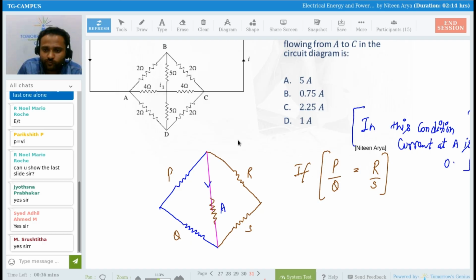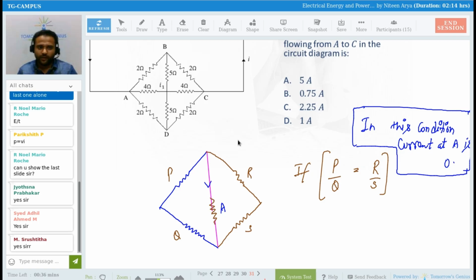We have a proper proof, but you're going to see that in the next week Tuesday class. So this is your Wheatstone bridge circuit.